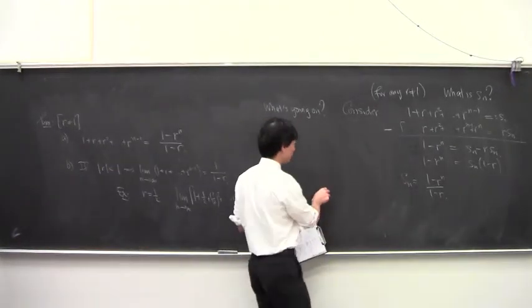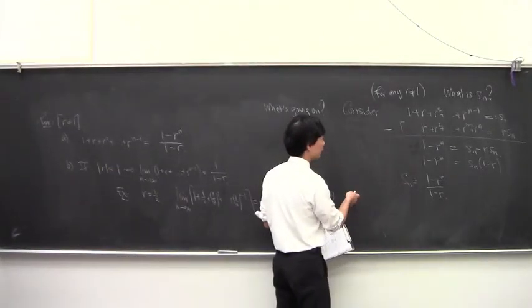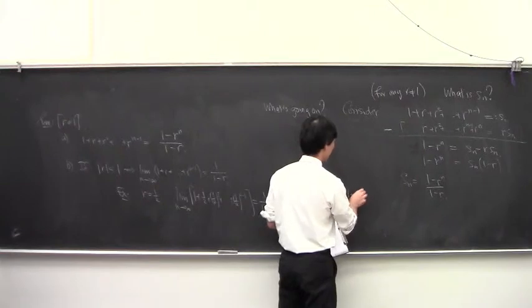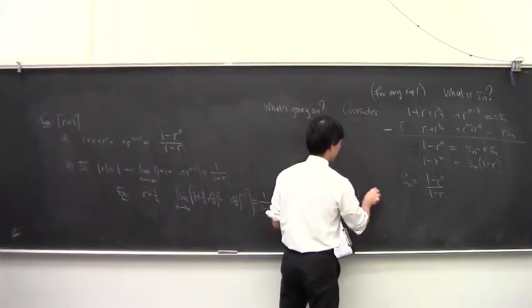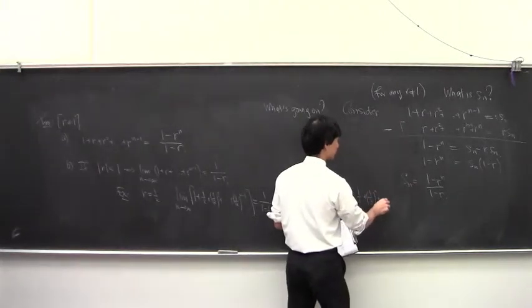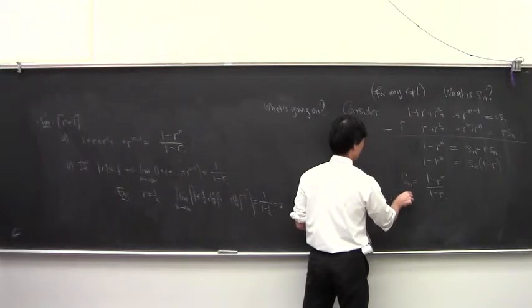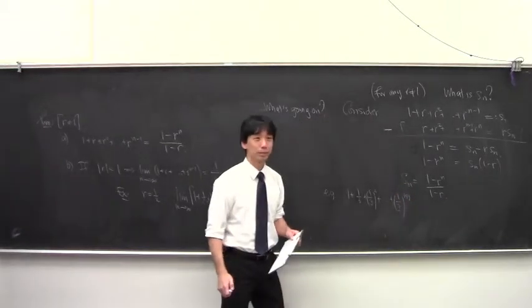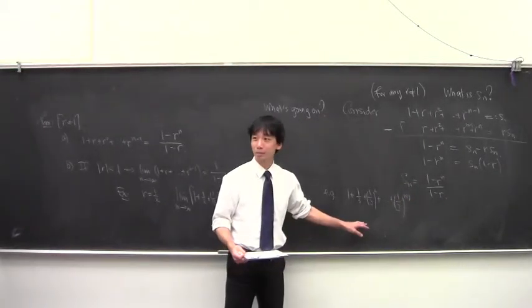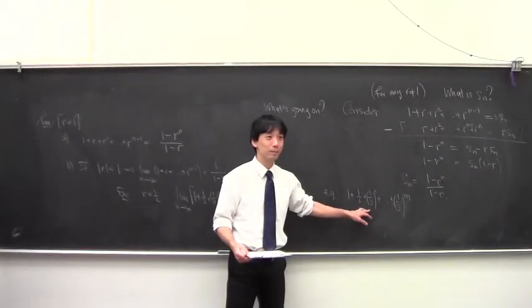So for example, if I ask you, what's 1 plus 1/3 plus 1/3 squared plus up to 1/3 to the 999? Here's a problem for you. What is this sum?